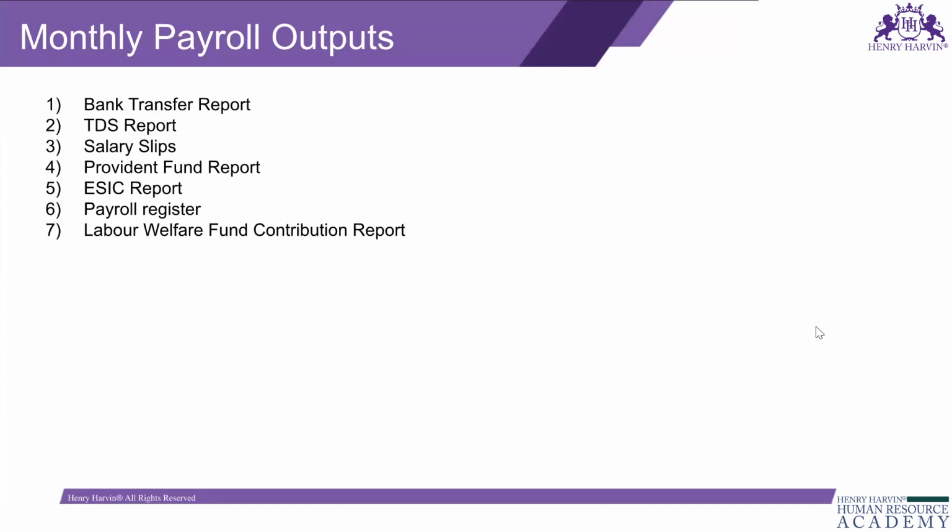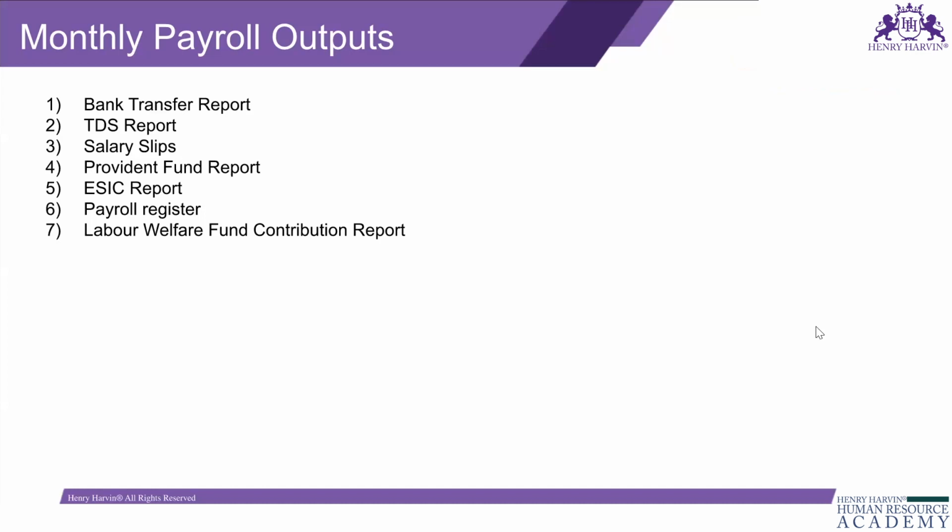If the employee is receiving 10,000 rupees as gross salary, then you will give the split up for the 10,000 rupees. This payroll register will contain that split up for every employee.